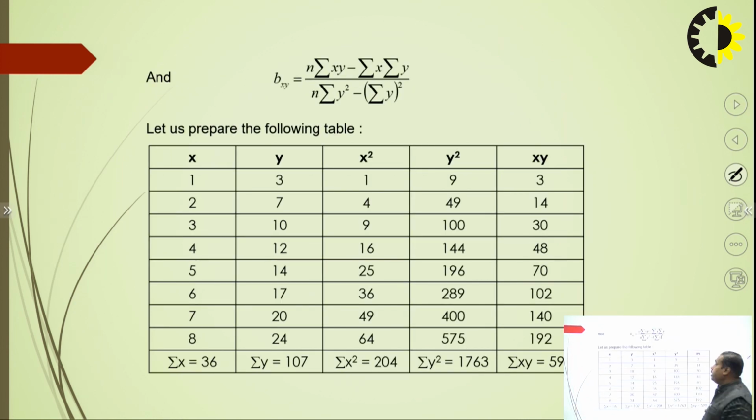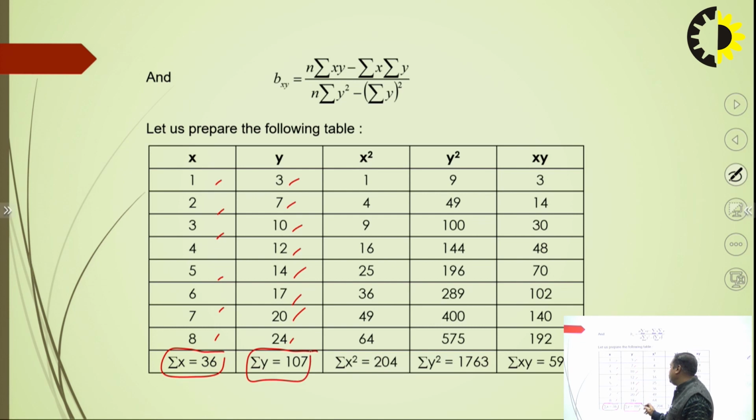Now we are taking the value of x as 1, 2, 3, 4, 5, 6, 7, 8, and y having the values 3, 7, 10, 12, 14, 17, 20, 24. We have found summation x is equal to 36, and summation y is equal to 107.